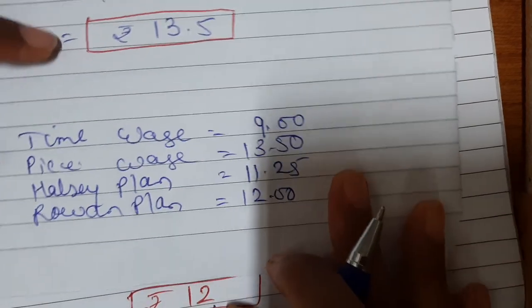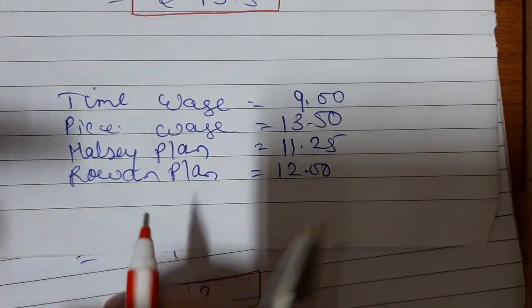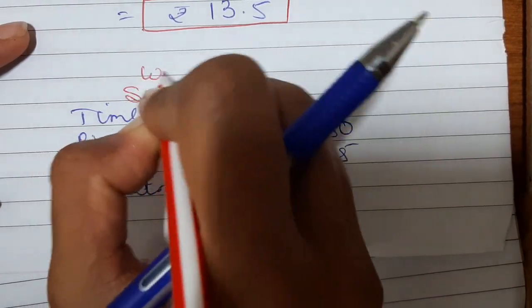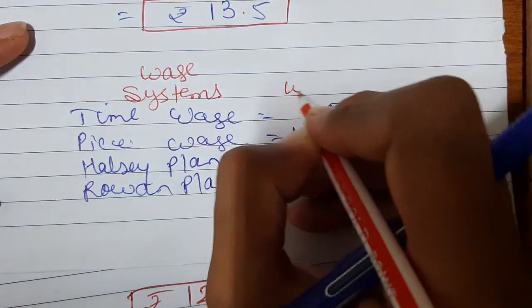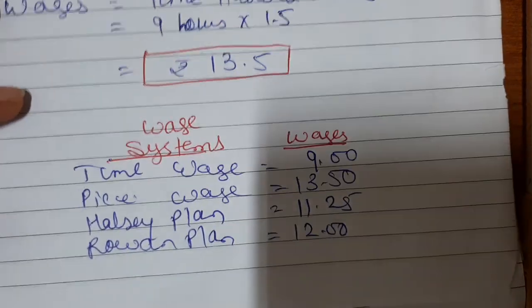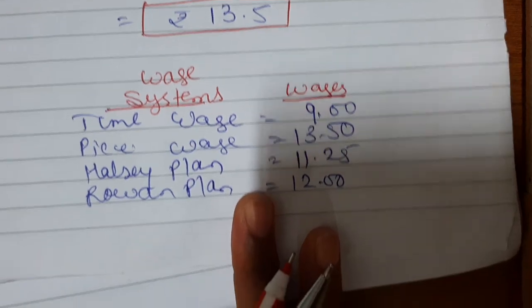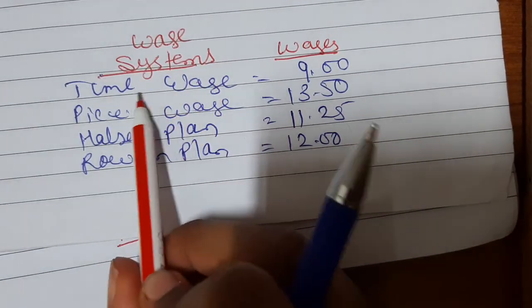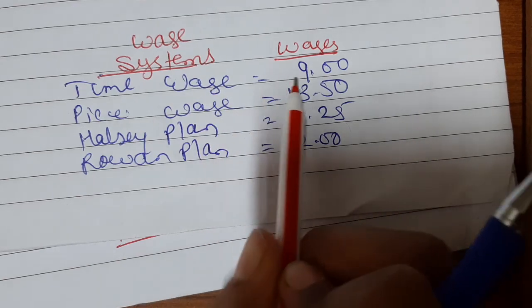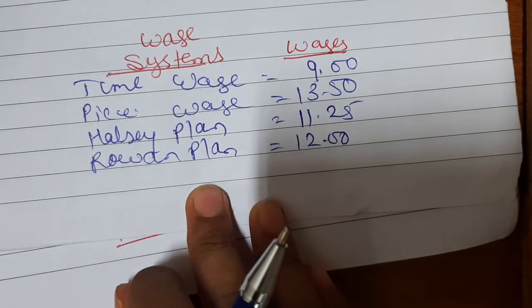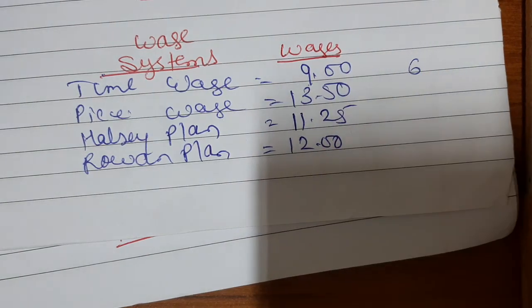You can summarize it like this. Here wage systems, and here you can write down wages. If the person is paid wages as per time wage system, he will be paid rupees 9. Here, how many hours has he worked? 6 hours.